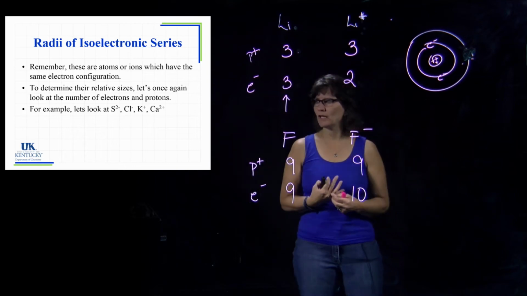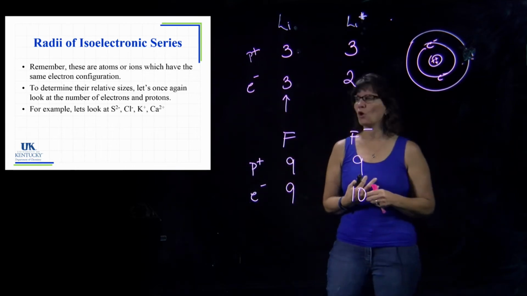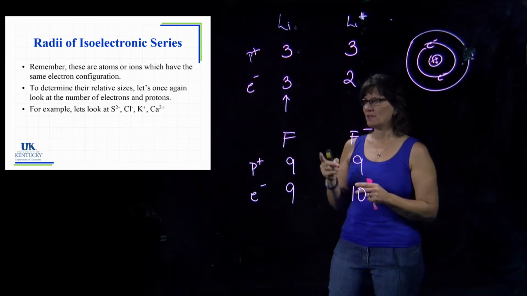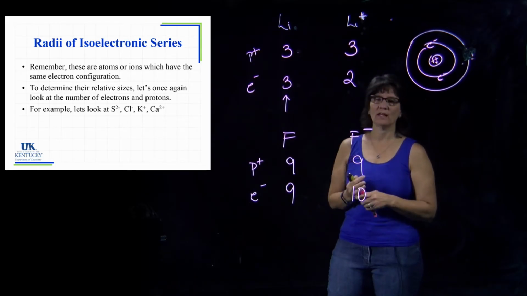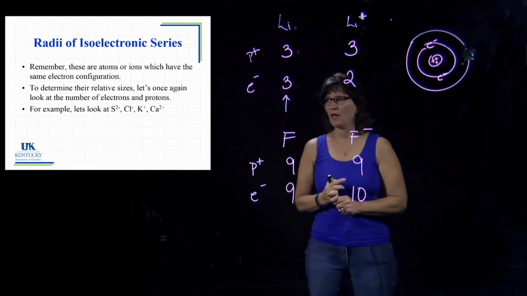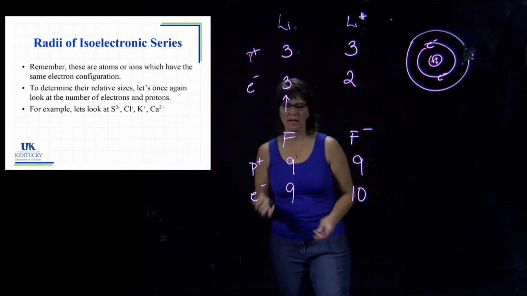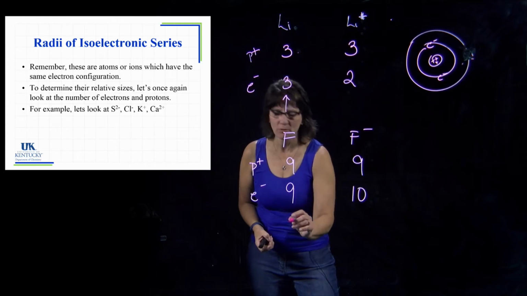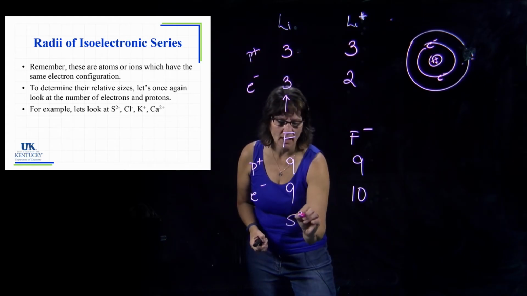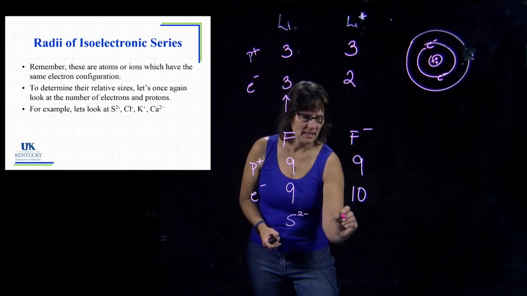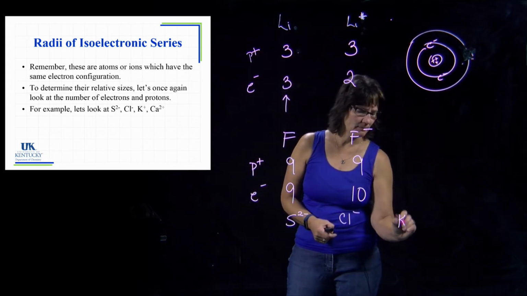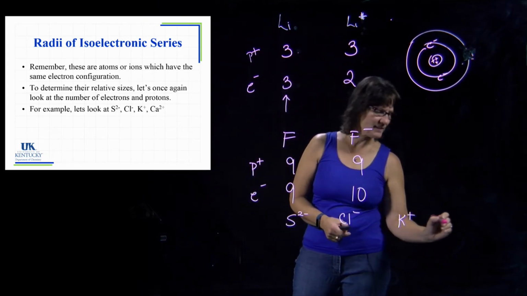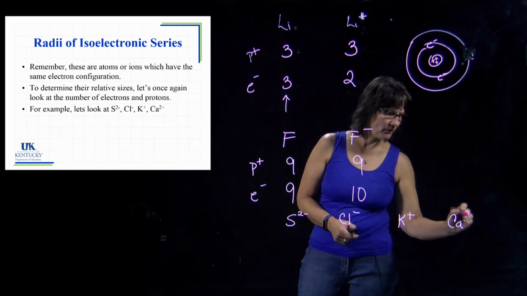Now we're going to look at an example of these 4 ions, S2-, Cl-, K+, and Ca2+, in order to do this. So I'm going to make a similar table to what I've been doing before. We have S2-, we have Cl-, we have K+, and we have Ca2+.